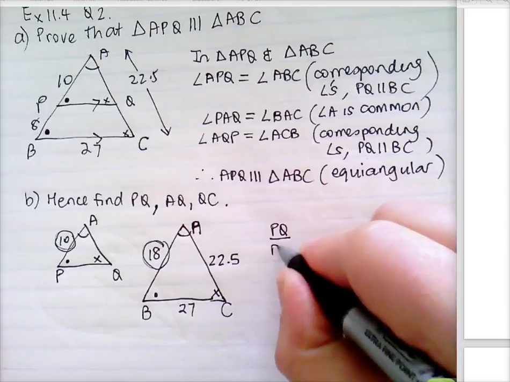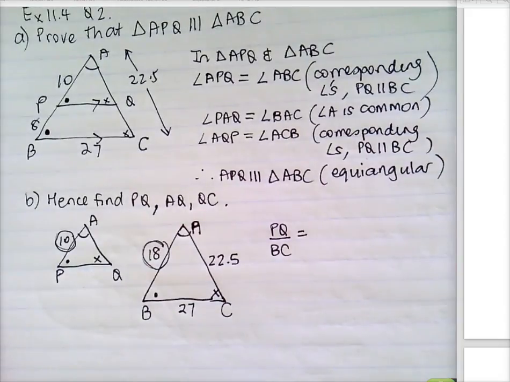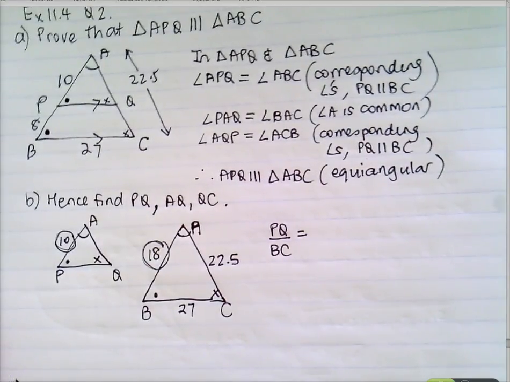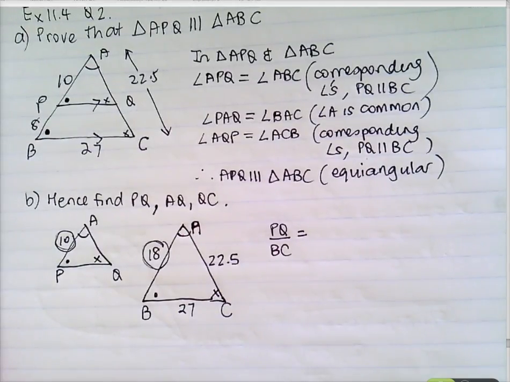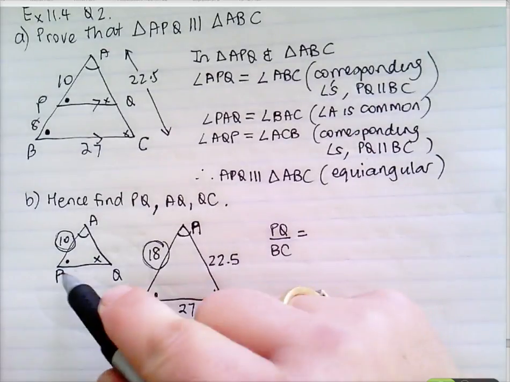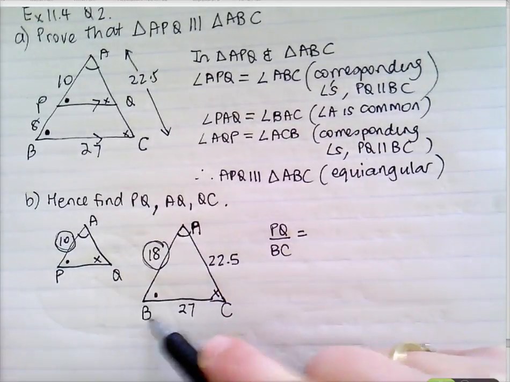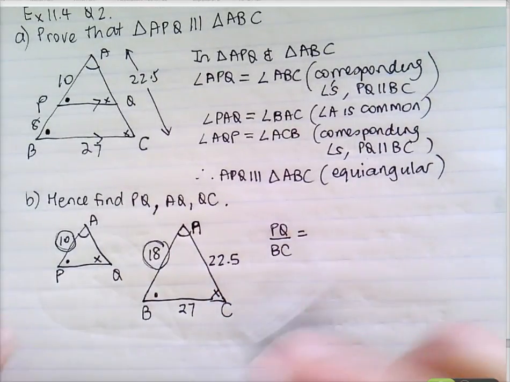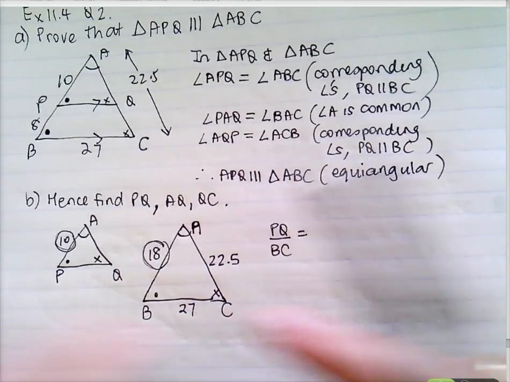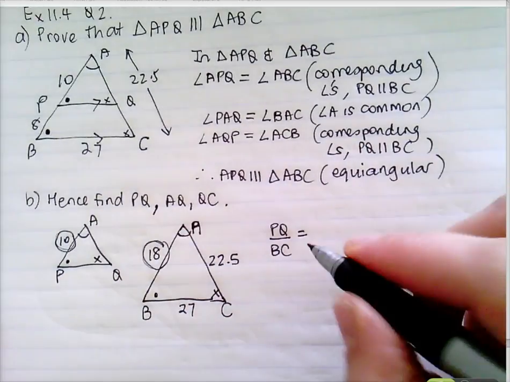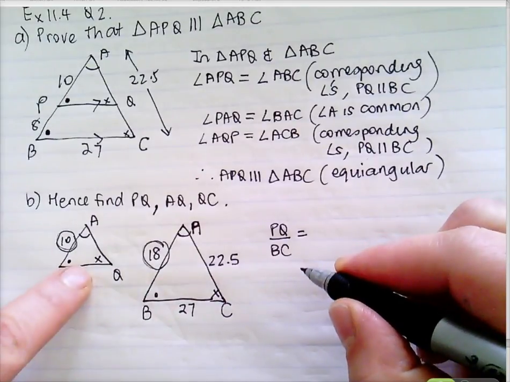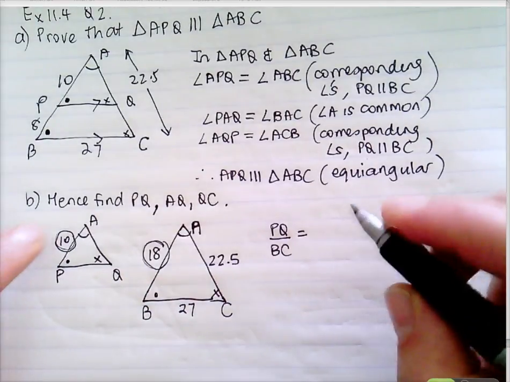So PQ over BC. Girls, listen. Rather than putting values first up, I'd like you to state the sides. So PQ matches with BC. So we're going from first triangle over second triangle, and now pick me another two sides that you know that match. PQ over BC equals, what do I write?